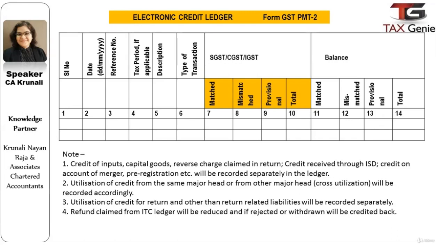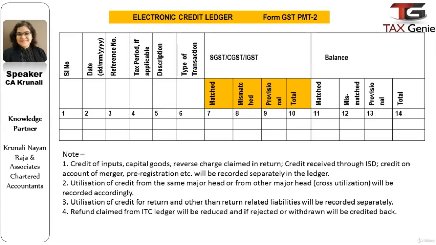Important points to be noted for this form are that the credit of inputs, capital goods, reverse charge claimed in this return, credit received through input service distributor, credit on account of merger, pre-registration, etc. will be recorded separately in this ledger.